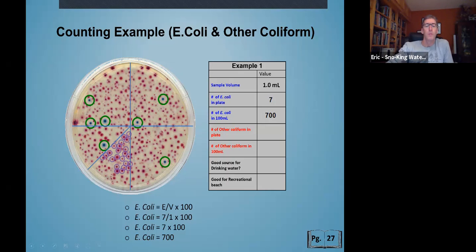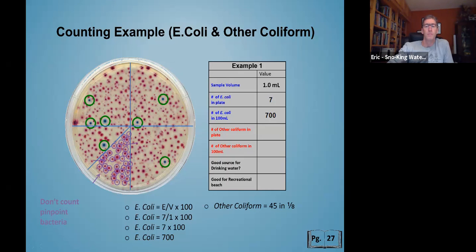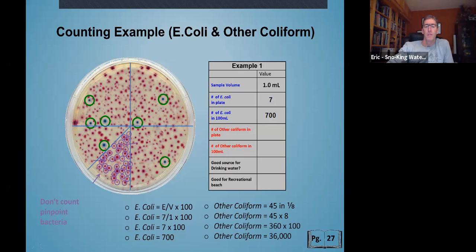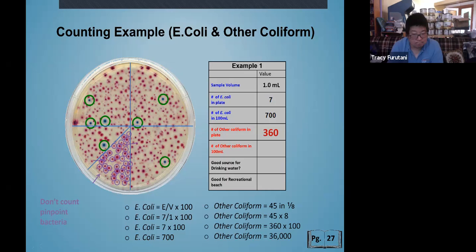So you go through and count all those colonies. You don't count the ones that are super small. So in this case, it counted 45 in 1/8. So our other coliform is 360, which would be 36,000 in 100 milliliters.